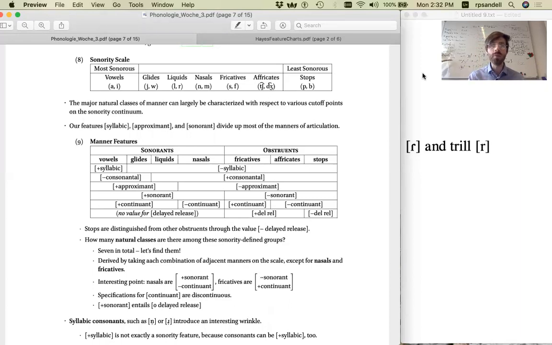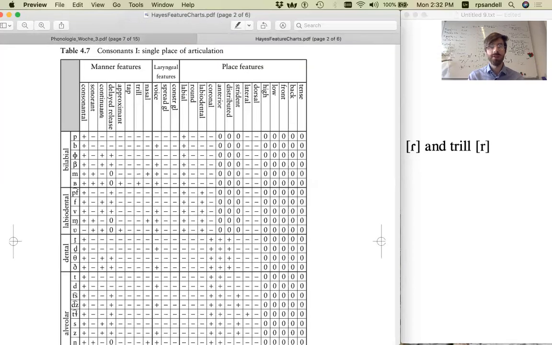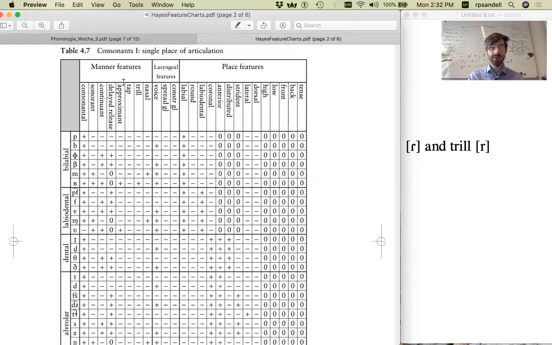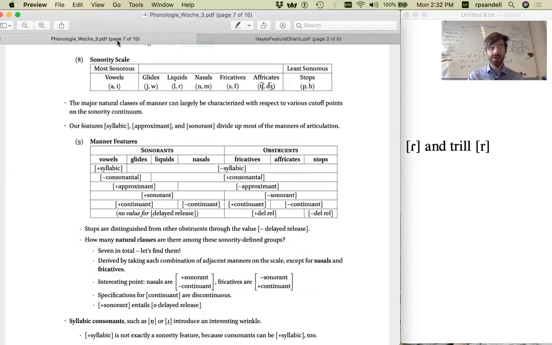So begin here, and I'll occasionally move between the feature chart. If we begin with the features syllabic, approximant, and sonorant, those serve to divide up most of the manners of articulation. So here we have sonorant and approximant in Hayes' charts, and syllabic.